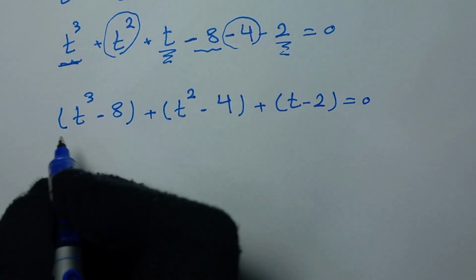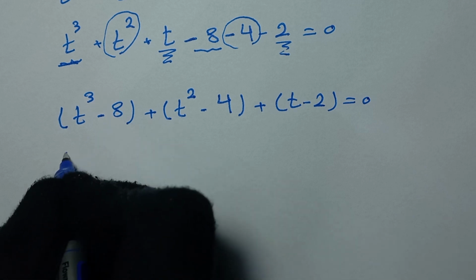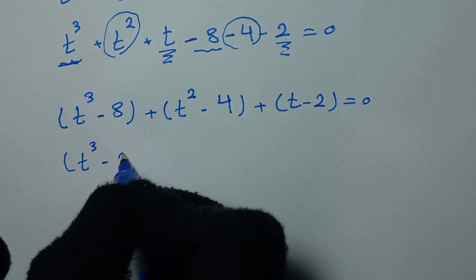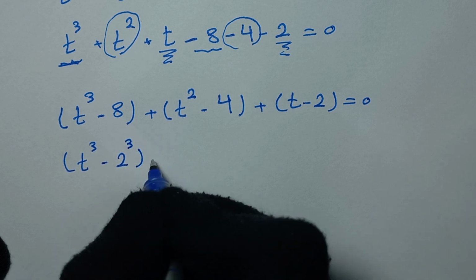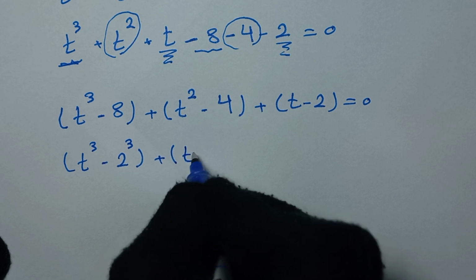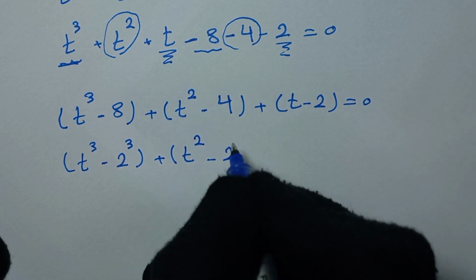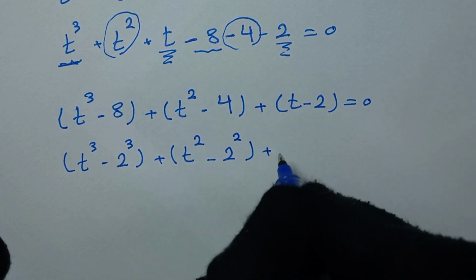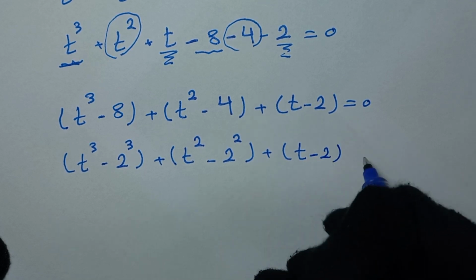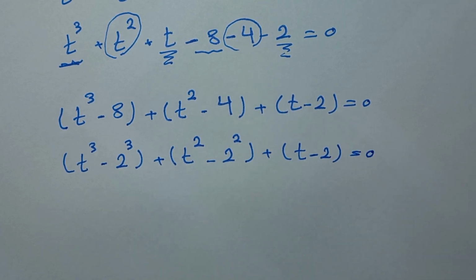And here we can write this 8 as 2 to the power of 3, and in here we can write 4 as 2 to the power of 2, so it will be t square minus 2 to the power of 2, and here we can write this t minus 2 is equal to 0.